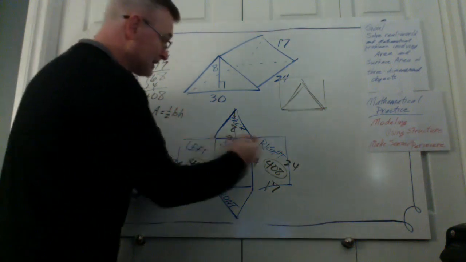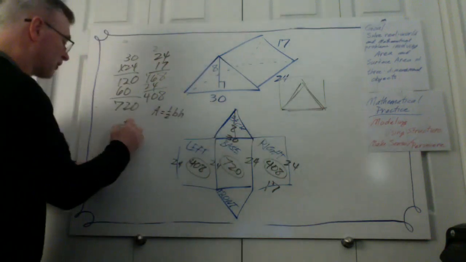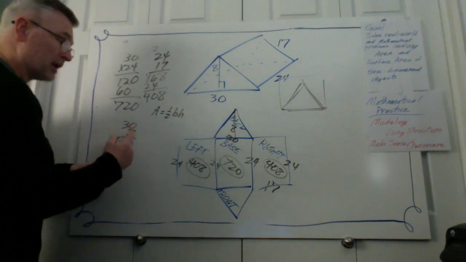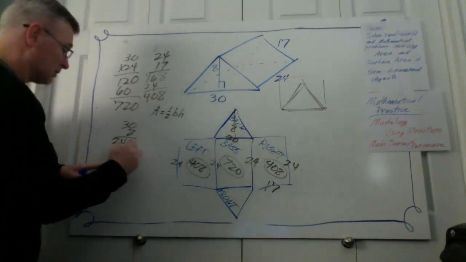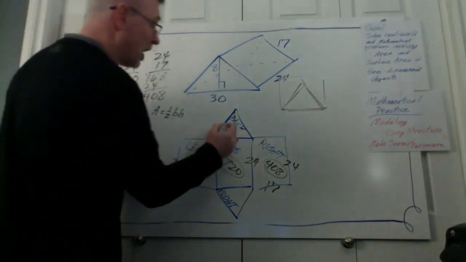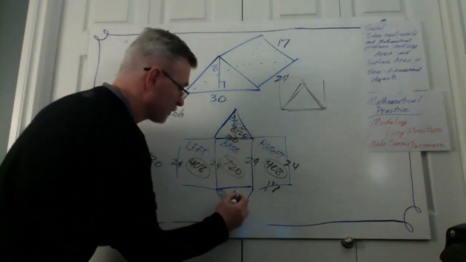So here's my base, 30, and my height is 8. So 30 times 8 is 240, and then half of that, divide by 2, is 120. That makes this 120, and that makes this one 120.